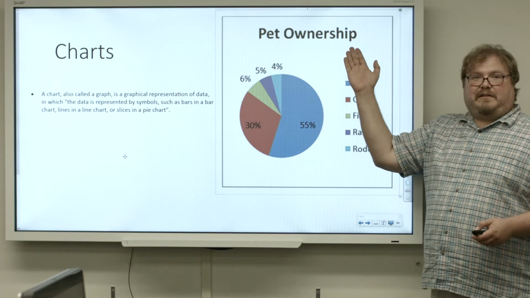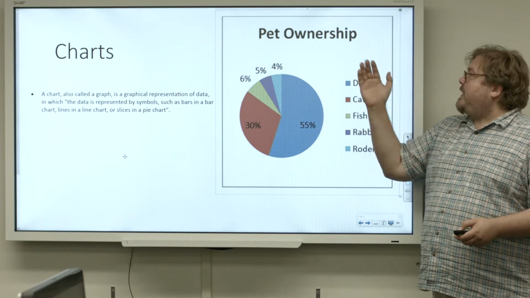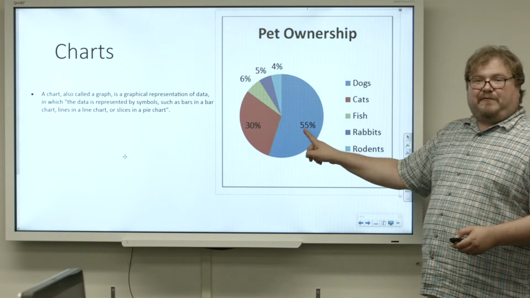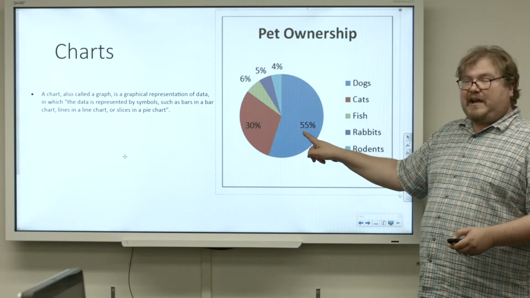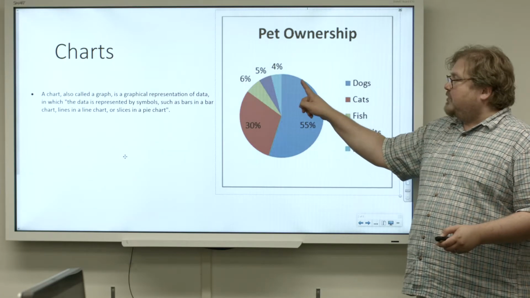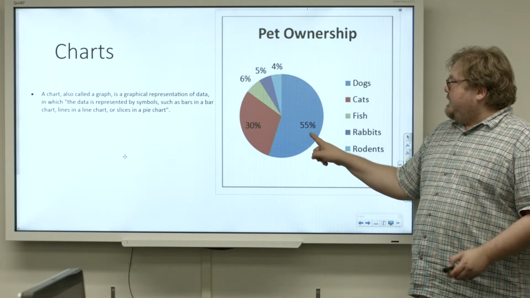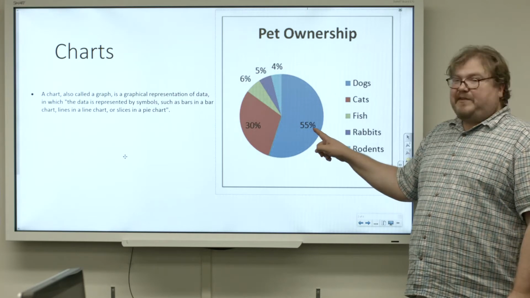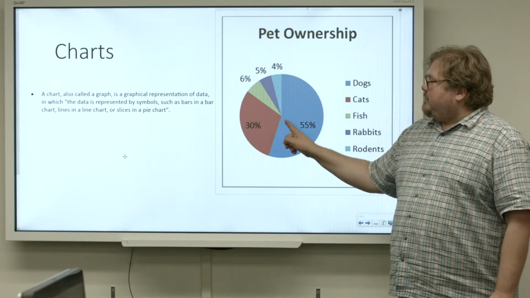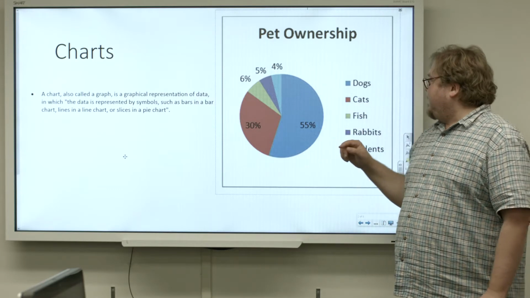If we've got this graph about pet ownership, we can see the different colors tell us the different things they're counting. So we've got dogs with this sort of dark blue color here, and they've given us the percentage, so that's 55% of the pet ownership. Cats is this red one with 30%.